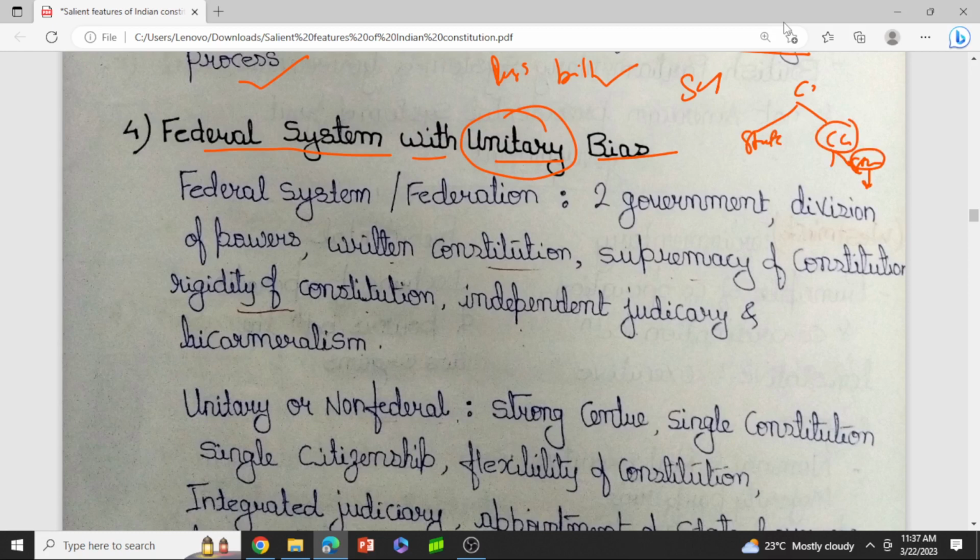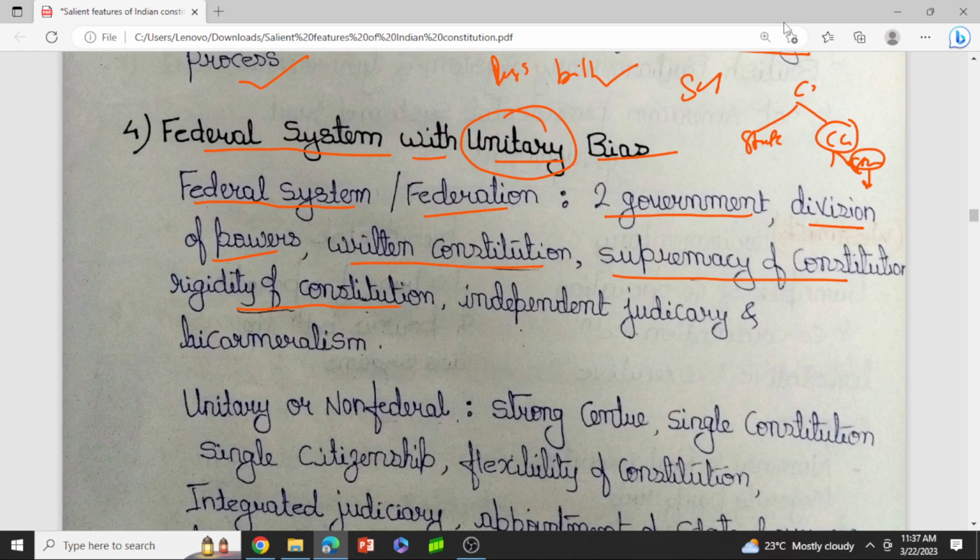So what are the characteristics of a federal system or federation? In India, we are a federation. So we have two governments, yes, central government and state government. Division of powers, yes, there is a proper division of power between the central and state governments. Written constitution, supremacy of the constitution and rigidity of the constitution. The Constitution is considered supreme of all.